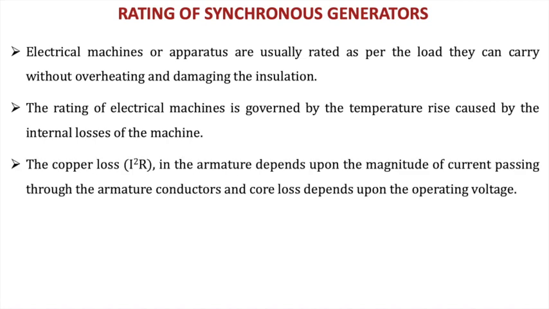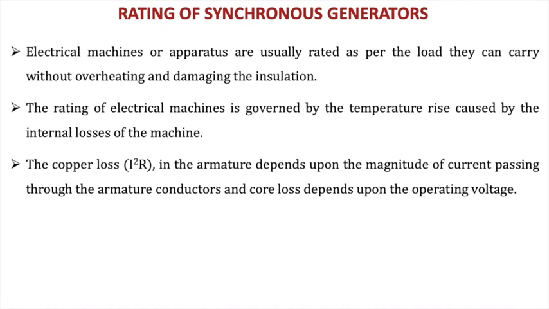So the copper I squared R loss in the armature basically depends on the magnitude of the current flowing through the armature conductors, and the core loss depends on the operating voltage. If you remember the lecture before, we had discussed the core loss, hysteresis loss and eddy current losses, and their equations, which mainly depend on the operating voltage.